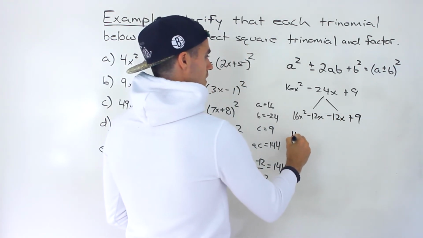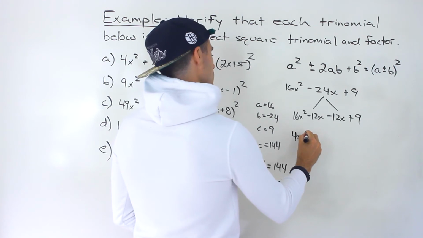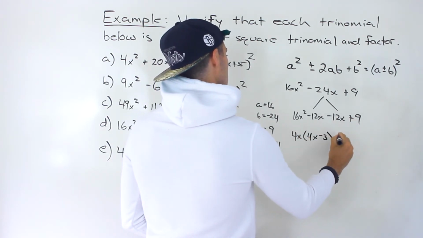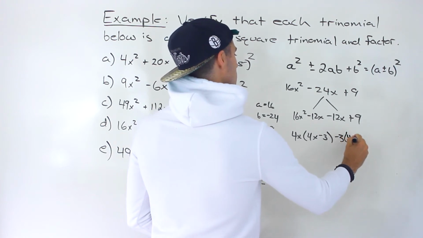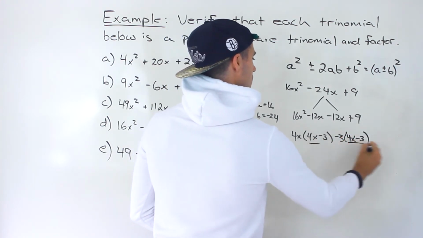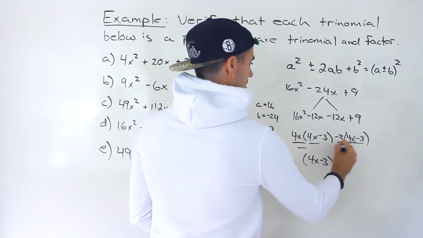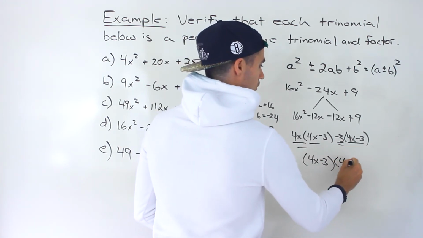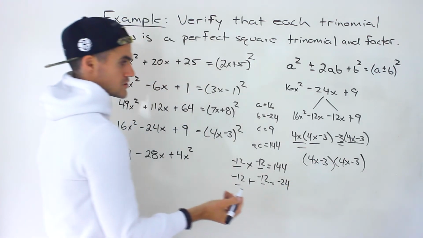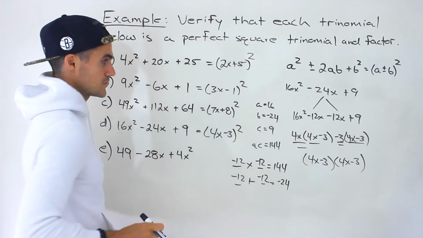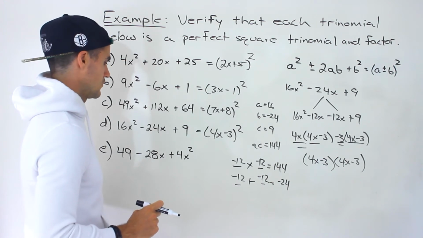Then from these two we could take out a 4x, so we'd be left with 4x minus 3. And then from these two we could take out a minus 3. As expected, that bracket should be the same. And again, as expected, that second bracket should be the same as the first. So we end up with 4x minus 3 squared, which is what we got when we used the formula.